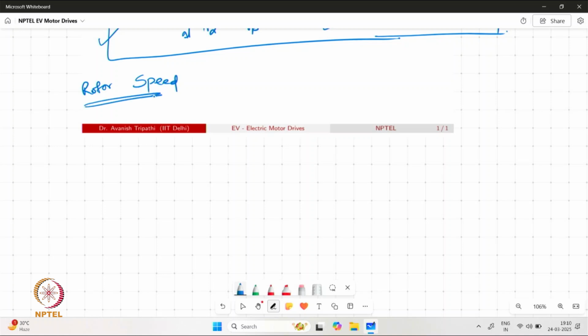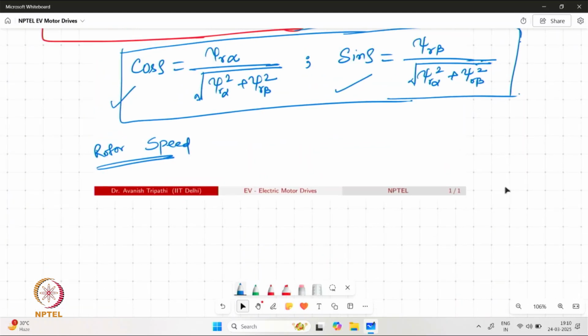So it should be understood that once again, the unit vector we have estimated has information about omega s, the synchronous speed.